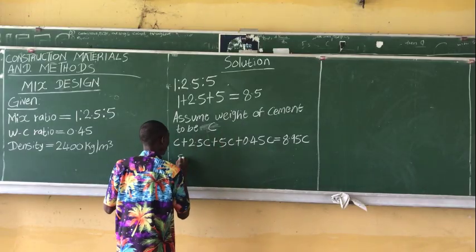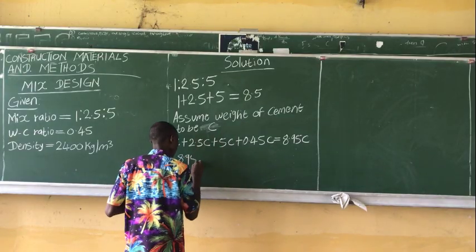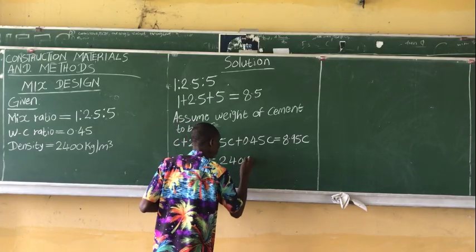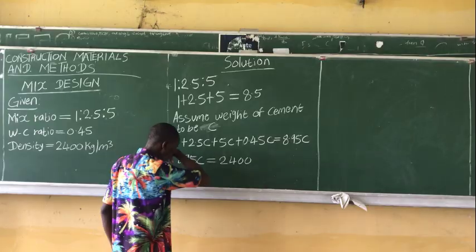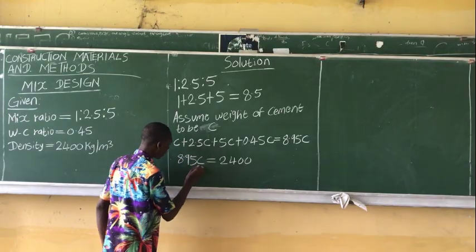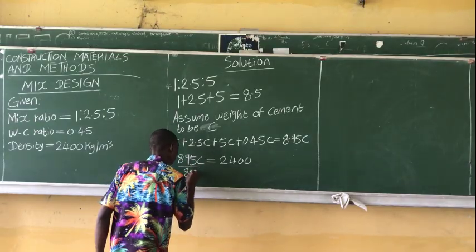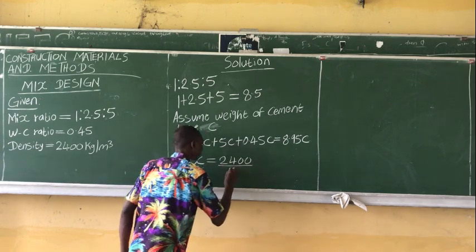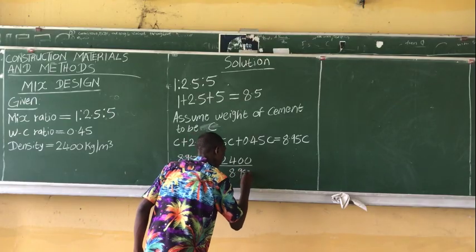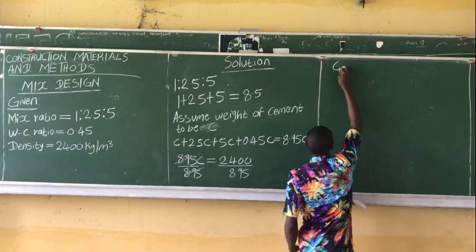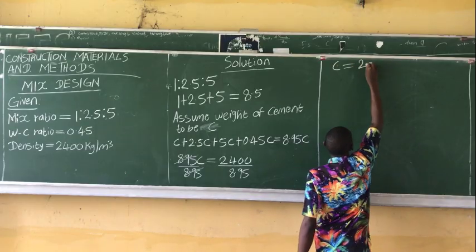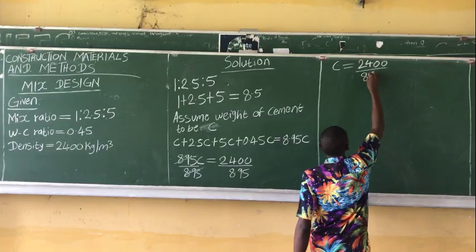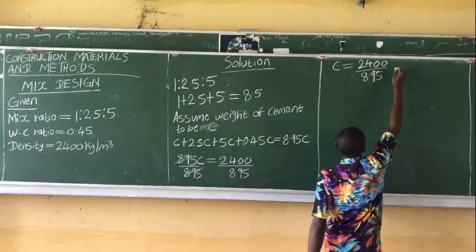So we say 8.95C is equal to 2,400. Making C the subject of the formula, we divide both sides by 8.95. So we have C equal to 2,400 over 8.95.